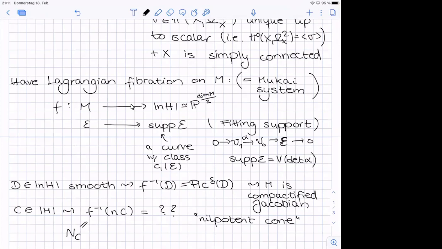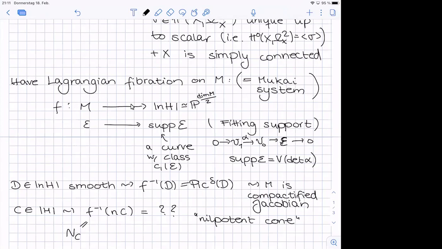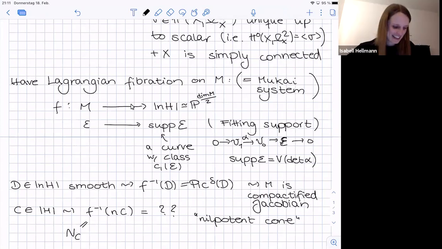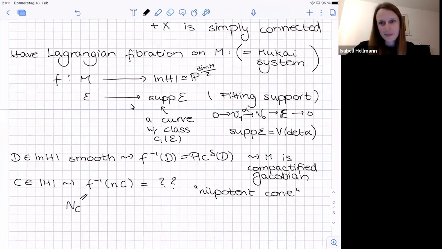Can I ask a naive question? Why do we call it nilpotent? Ah, very good question. Of course, this is the first question that comes to your mind. It absolutely does not make sense at this point, but there's a meaning to it, and I want to explain this next. Where do you know this nilpotent cone from? It is from what is called the Hitchin system, and this is my motivation for the talk today.